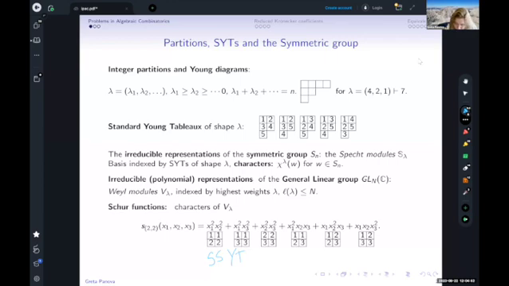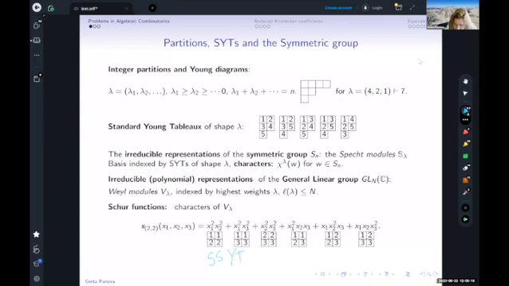The integers we put in are weakly increasing along rows and strictly increasing down columns, and the monomials correspond to exactly what's written inside. But there are other formulas for the Schur functions, which I'm going to use later to actually prove the results.